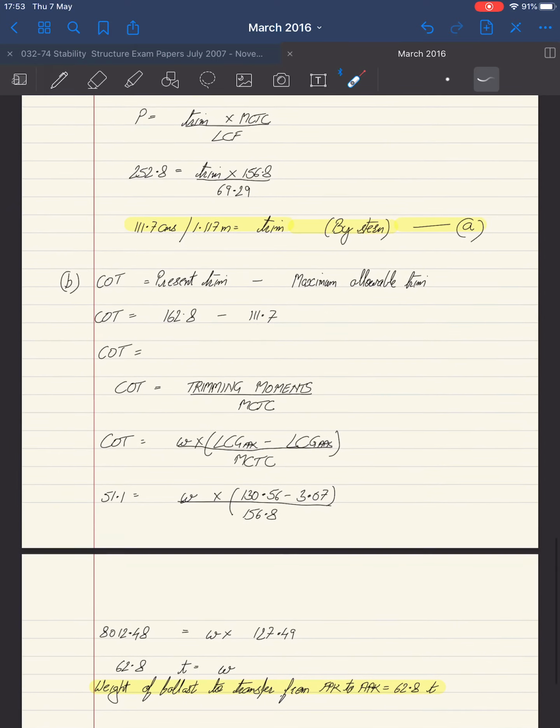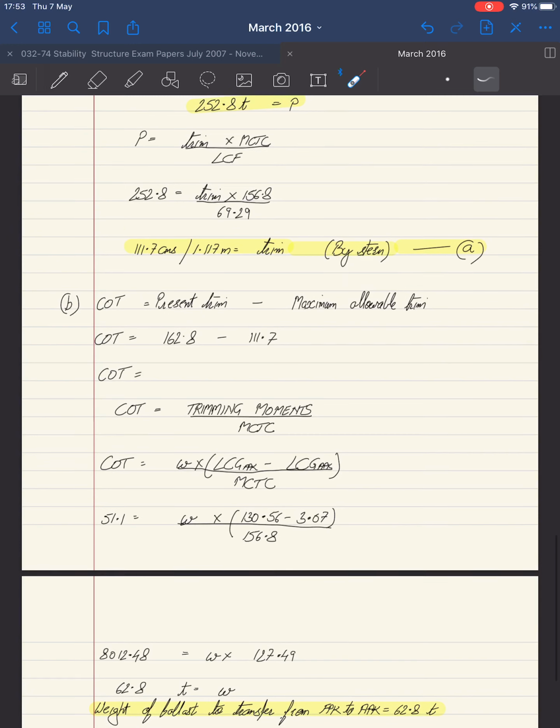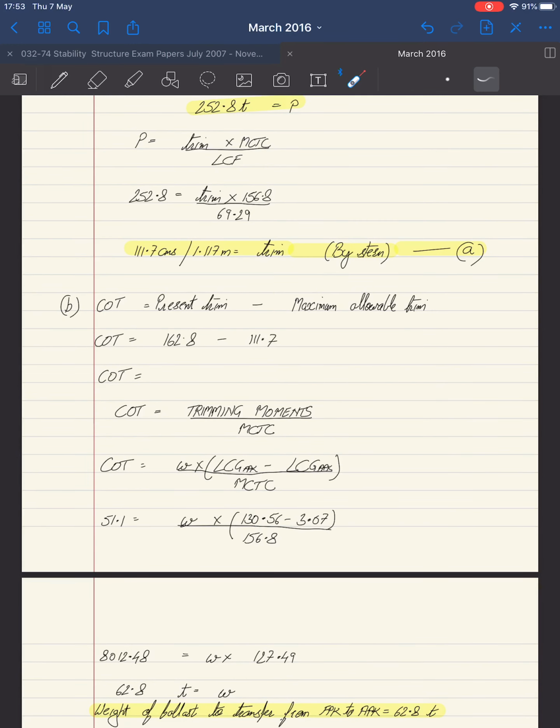Now let's look at part B of the question, which asks us the weight of ballast to transfer from the aft peak to the forepeak in order to reduce the trim to the maximum allowable. So we require a change of trim, this was our maximum allowable trim.